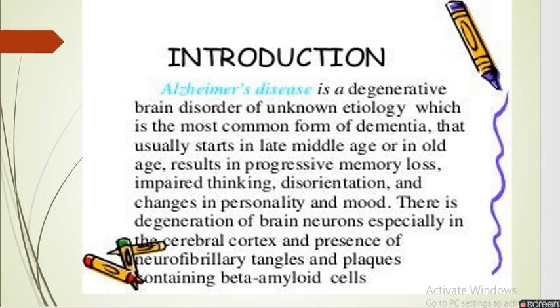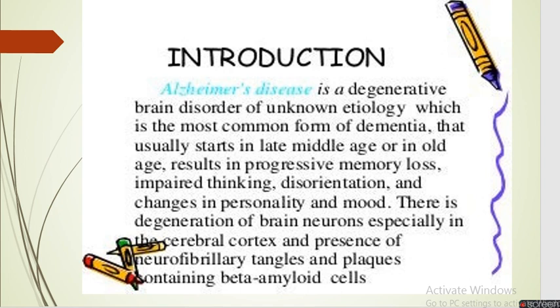Even sometimes respiratory failure can lead to dementia. Some metabolic causes like uremia, renal failure or liver failure can also lead to dementia. In endocrinology, hypothyroidism or hypocalcemia can also lead to dementia, and vitamin B12 or thiamine deficiency also causes dementia. But here, Alzheimer disease is a very common cause of dementia in old age.